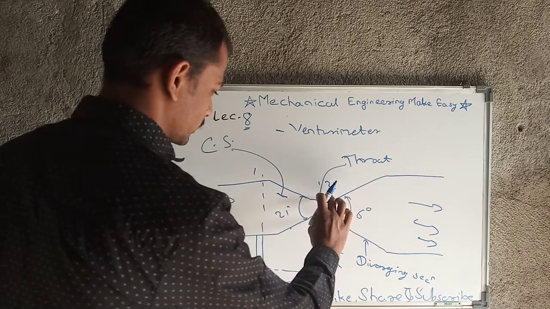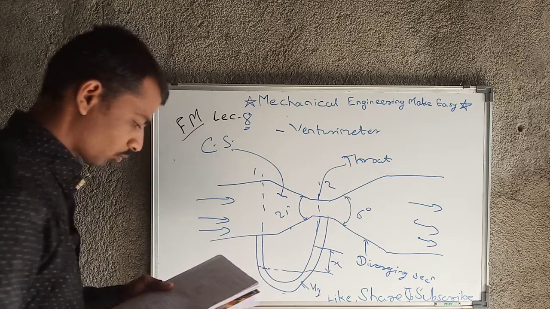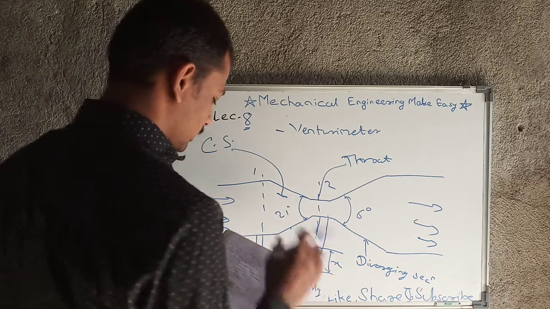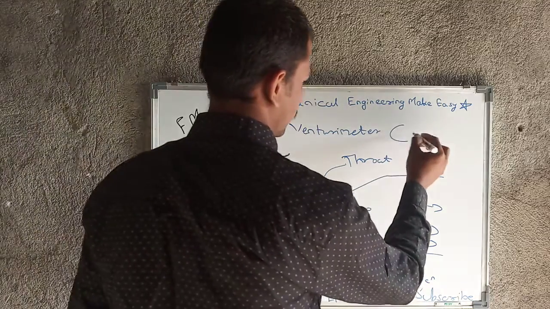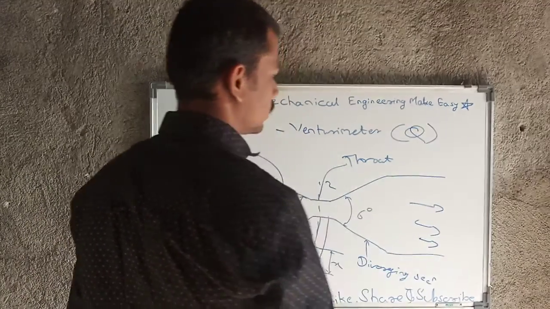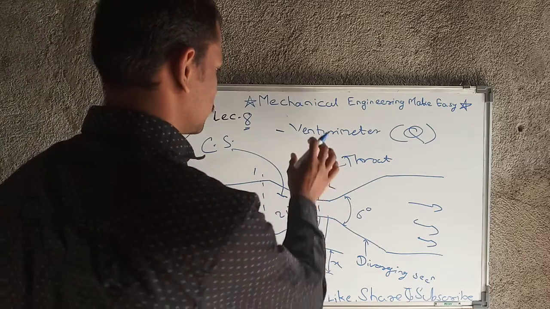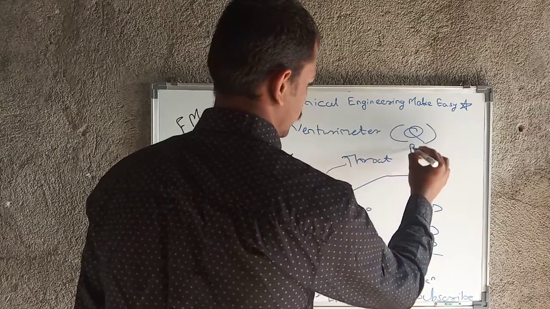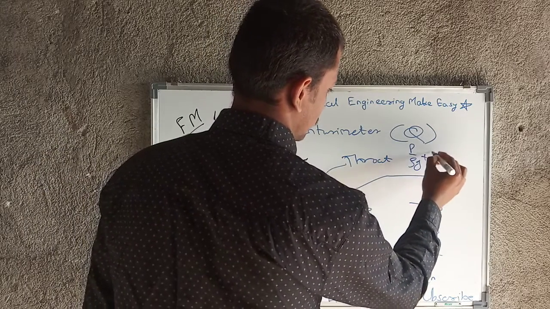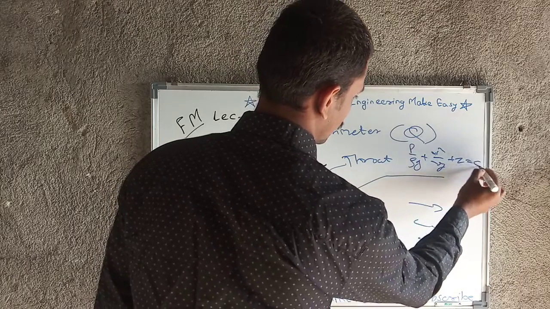This is the throat section, which is the minimum diameter section, and we are going to use this for calculating discharge or rate of flow. Means we are going to calculate Q from the venturimeter, and this is based on Bernoulli's principle, that is, we know P by rho g plus v square by 2g plus z equal to constant.